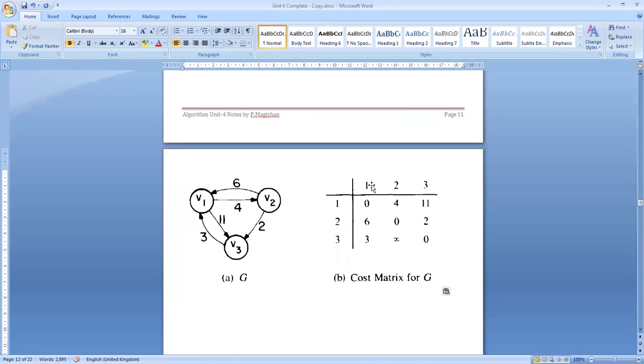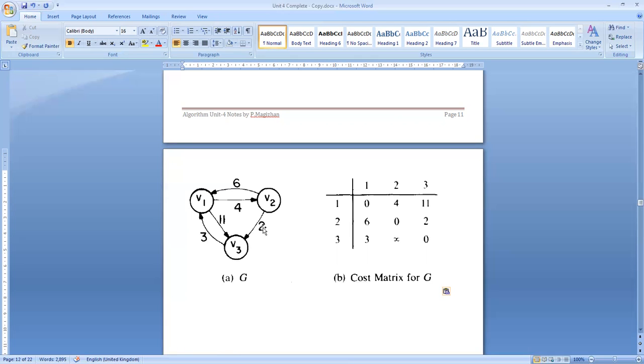The cost value between the same vertex, vertex 1 and 1, is always 0. So the shortest distance from a vertex to itself is 0. Similarly, from vertex 2 to itself is 0, and from vertex 3 to itself is 0.